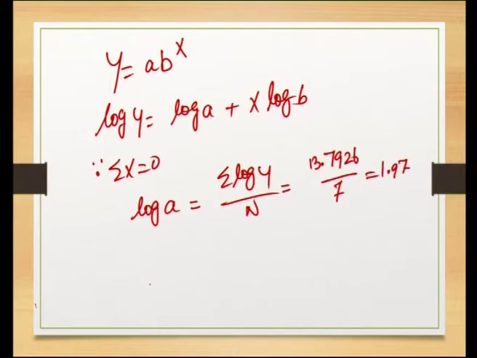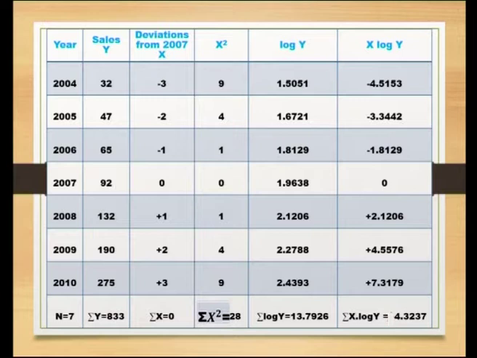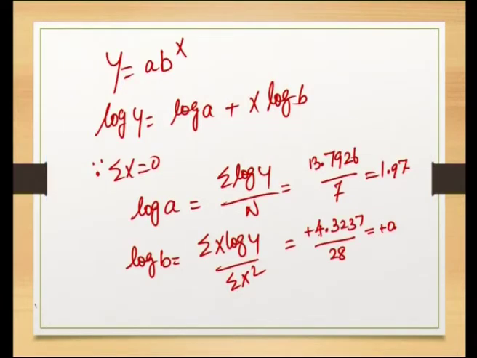Similarly, log b is equal to summation x log y by summation x square. Summation x log y is 4.3237 and summation x square is 28. So, 4.3237 divided by 28 is equal to 0.1544.